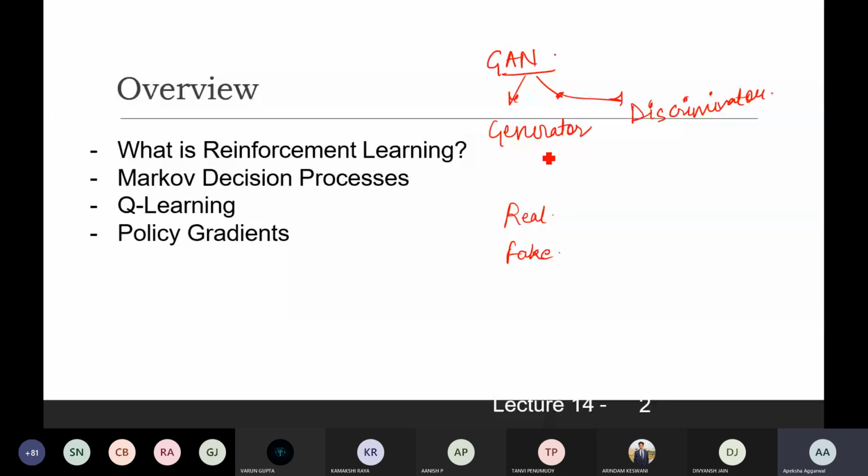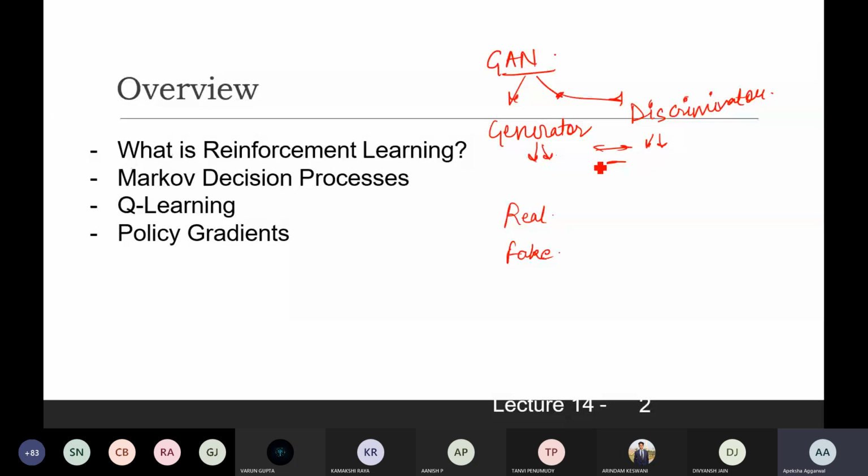The generator tries to generate images that look real, and the discriminator tells whether it's a real or a fake image. The discriminator tells the generator whether it's real or fake, so they communicate with each other.